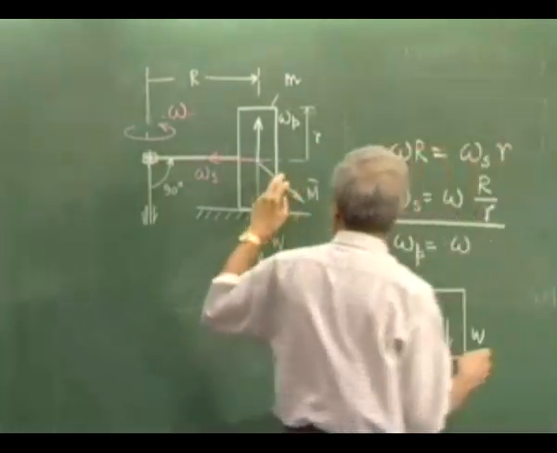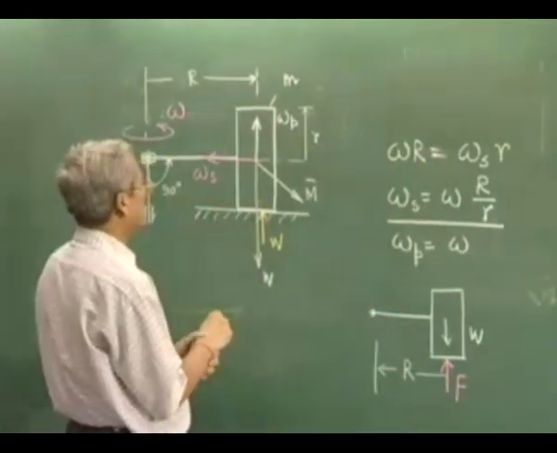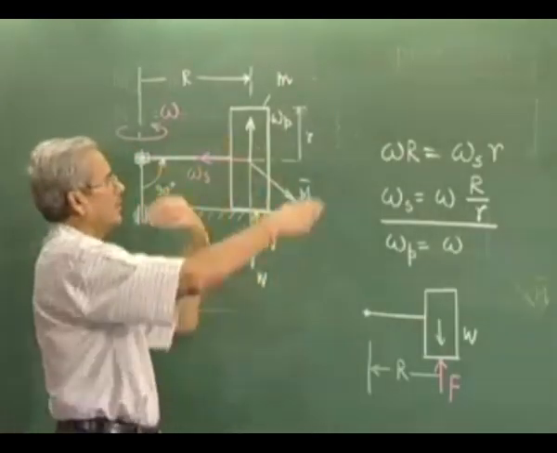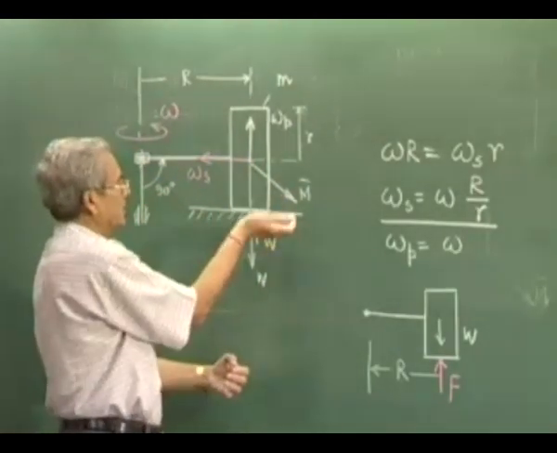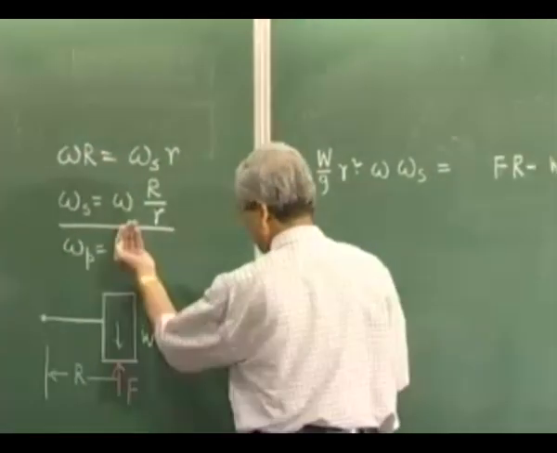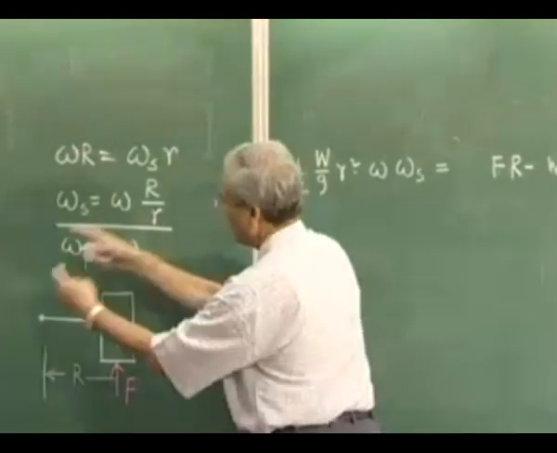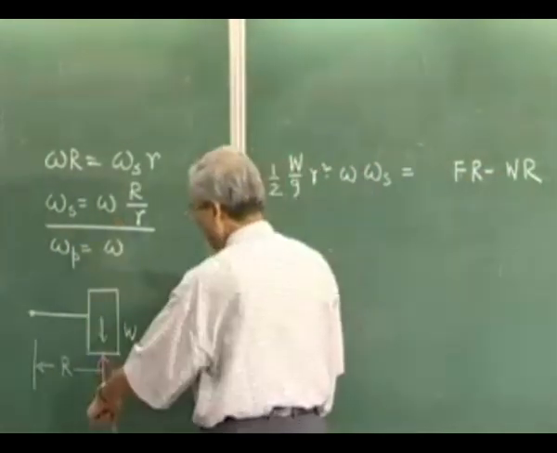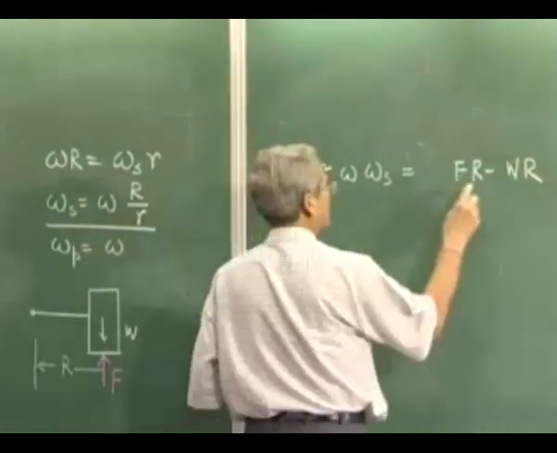And following the condition as you have mentioned earlier, the moment must be acting about an axis like this. Now to produce that, this force multiplied by r can produce a moment in this direction, F into r, but the gravity will produce an opposite moment, minus W into r.